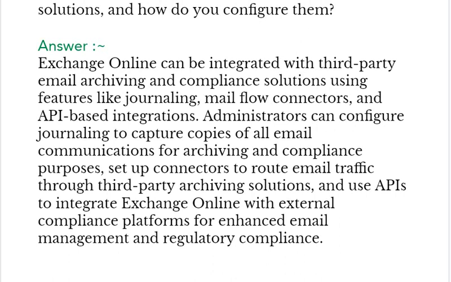Administrators can configure journaling to capture copies of all email communications for archiving and compliance purposes, set up connectors to route email traffic through third-party archiving solutions, and use APIs to integrate Exchange Online with external compliance platforms for enhanced email management and regulatory compliance.